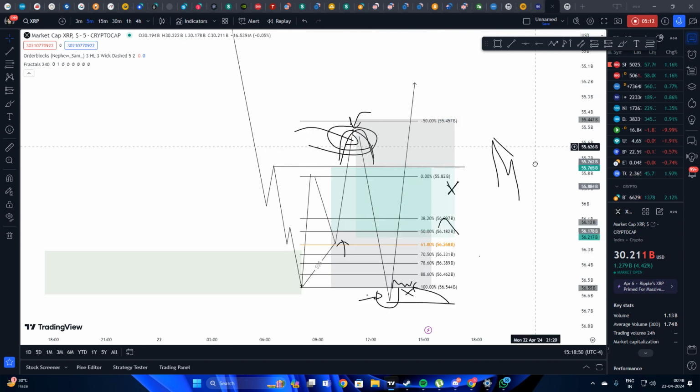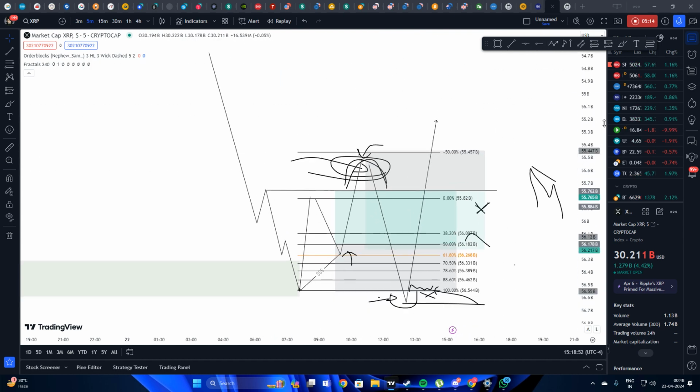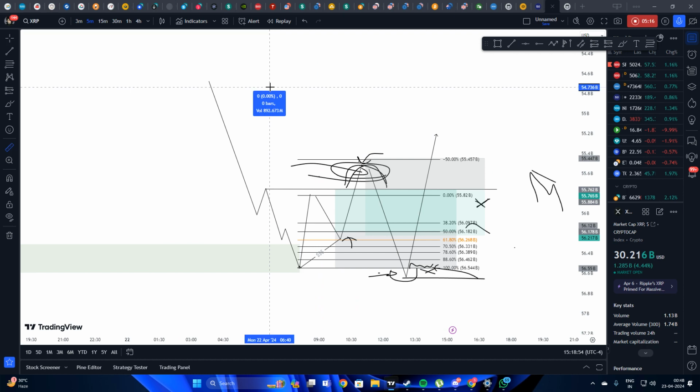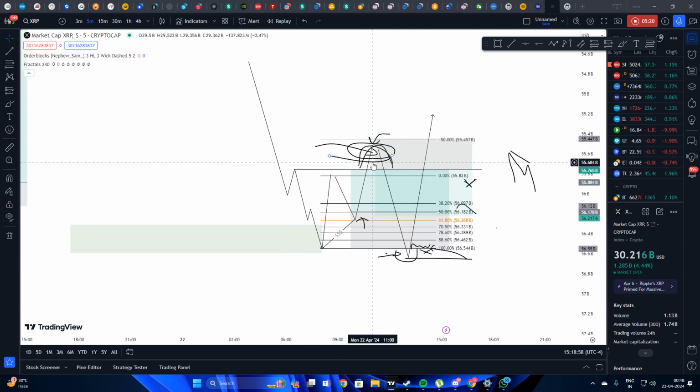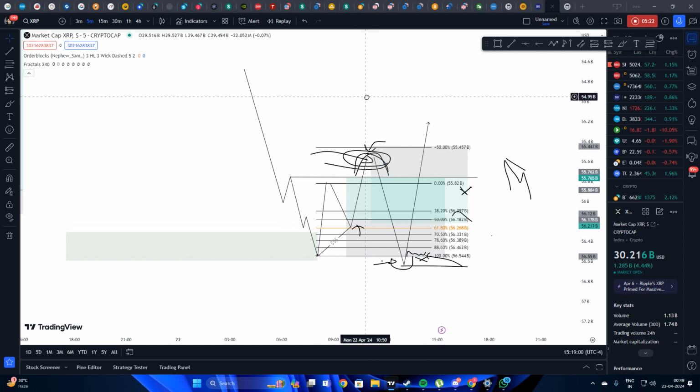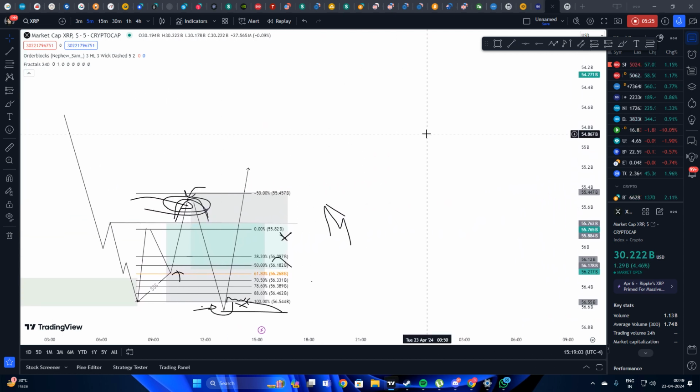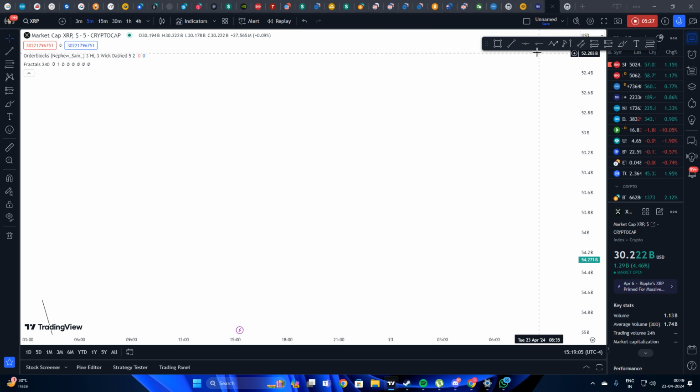And as I promised, this is how it looks in a bullish case scenario. And that's it. This is all about my model. And there are another two models which I use or look out for.